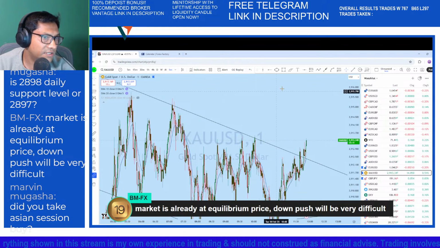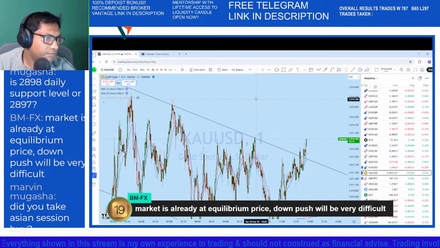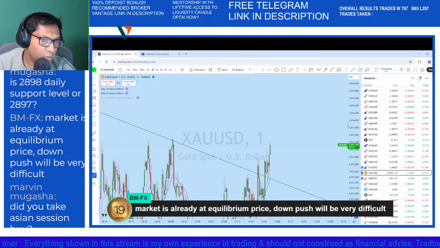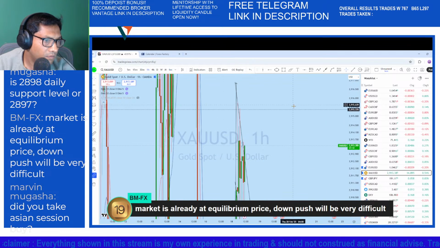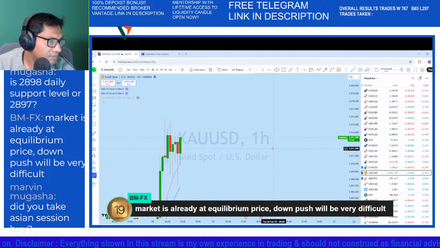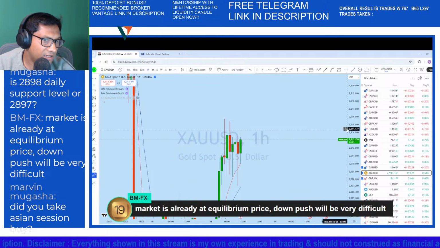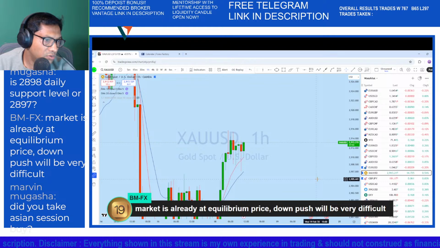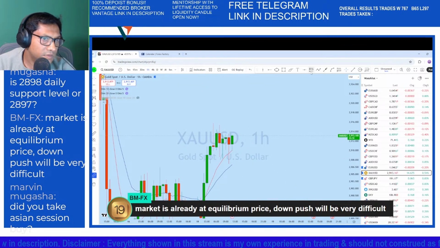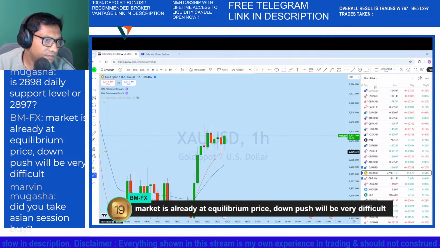This is the resistance. There might be some movement here. It's the 1 hour. It still hit that. You mentioned that we might see a potential bounce. This is the 1 hour support here.